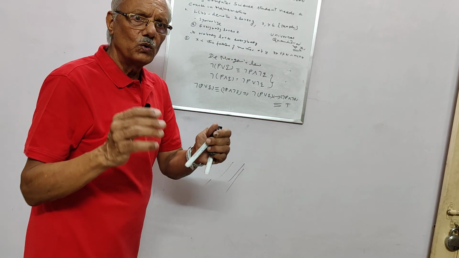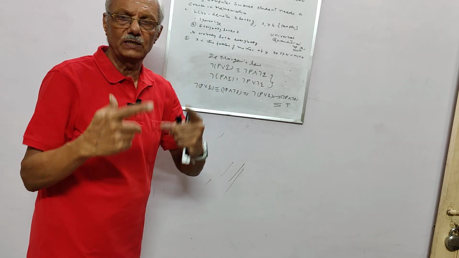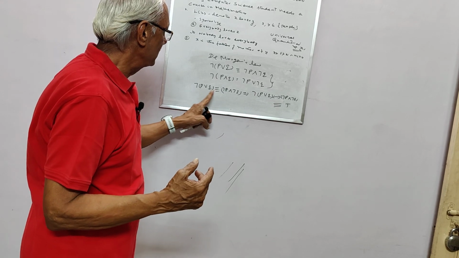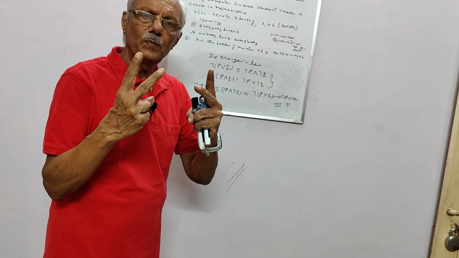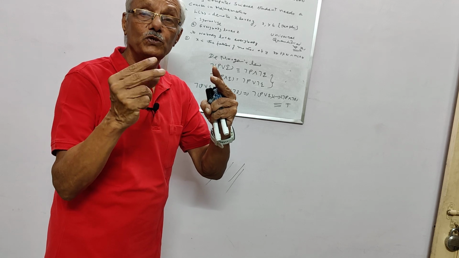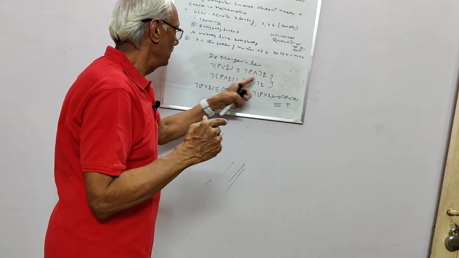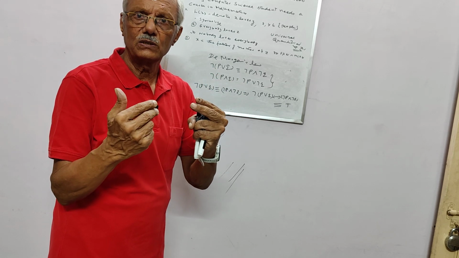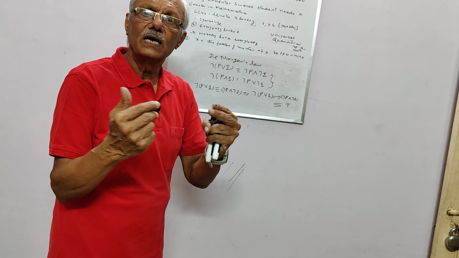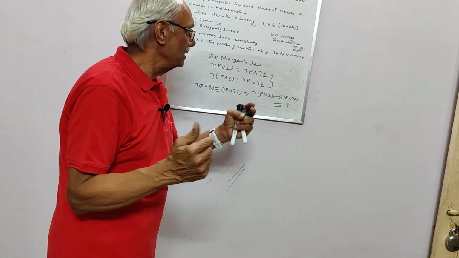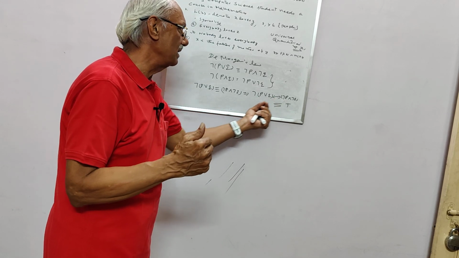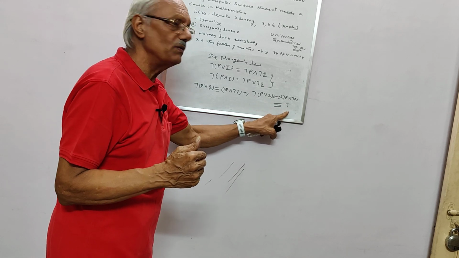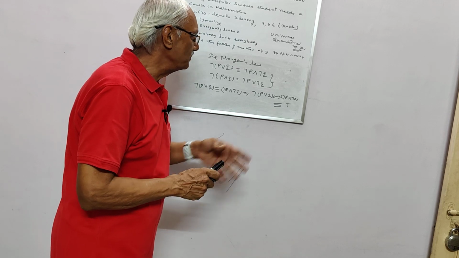If two propositions are equivalent, then their two-way implication, that is, when they are connected by if and only if, has the value T. That means it becomes a tautology.